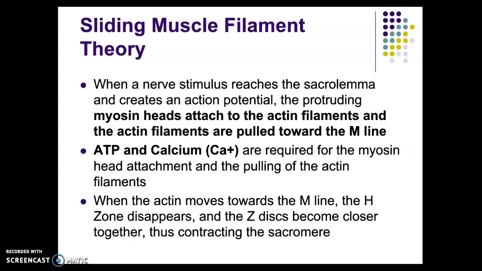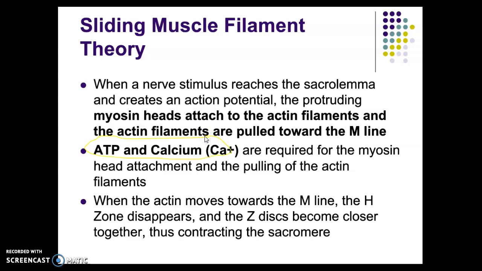What calcium does is that it actually ties up bodyguards that have been hanging on to actin and allows the myosin binding sites on actin to be free, okay? So the two molecules that are required for the sarcomere to contract are ATP and calcium.